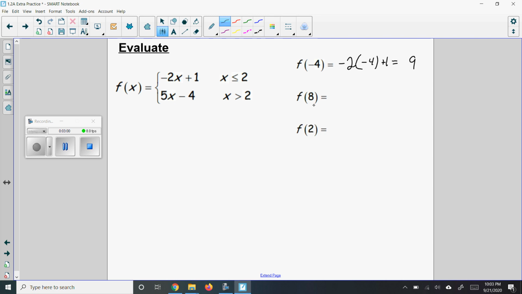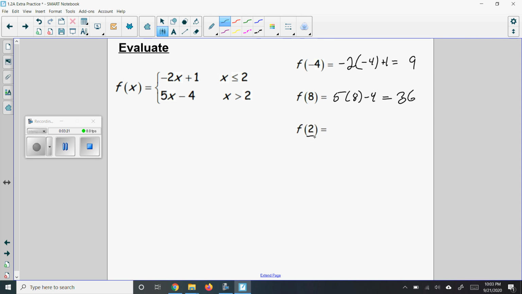If x is 8, I'm going to use this chunk because 8 is greater than 2. So we're going to say 5 times 8 minus 4, which is 36.